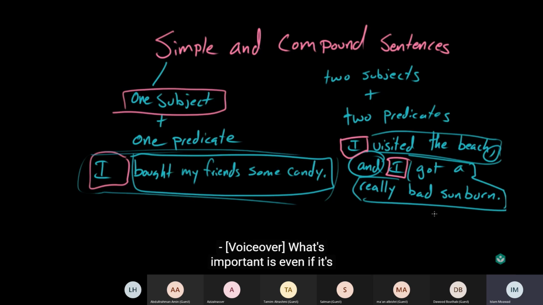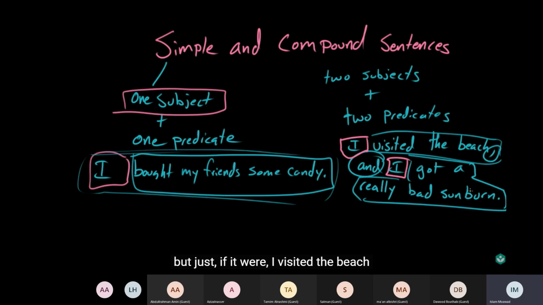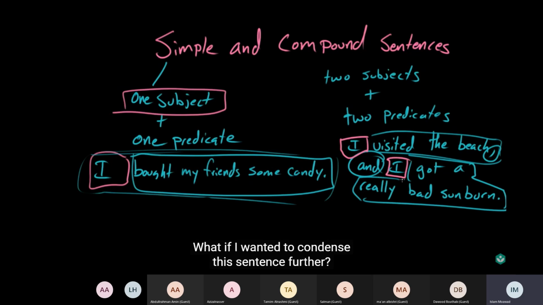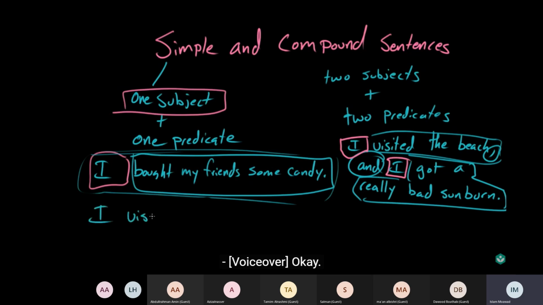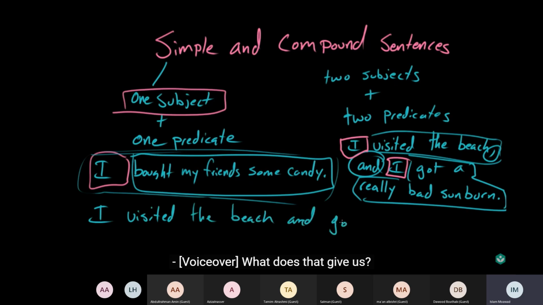What's important is like even if it's the same subject, if it's I both times, well, I don't know how to say this, but just like if it were like I visited the beach and got a really bad sunburn, then it would be a simple sentence. Then it's simple. So Paige, so I'm looking at this and I see I twice. What if I wanted to condense this sentence further? Okay. What does that give us?